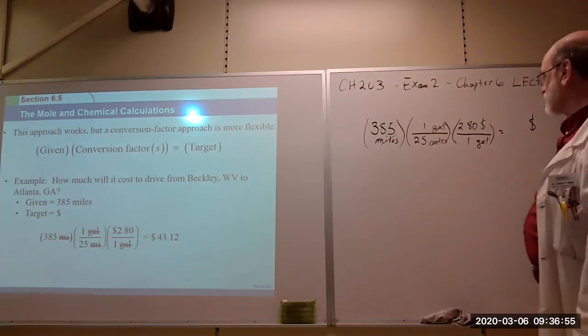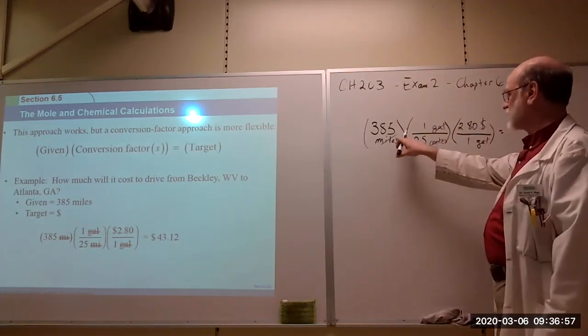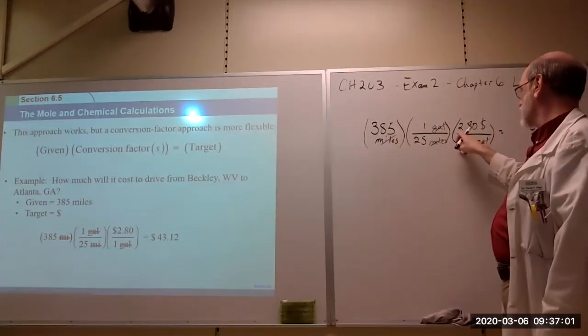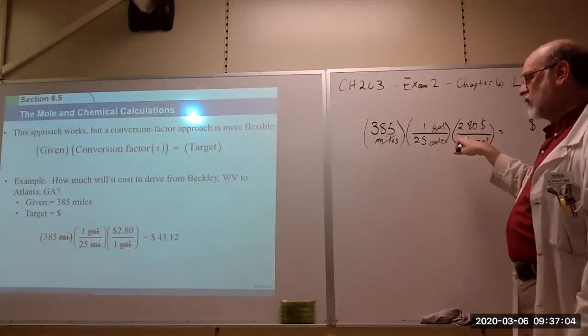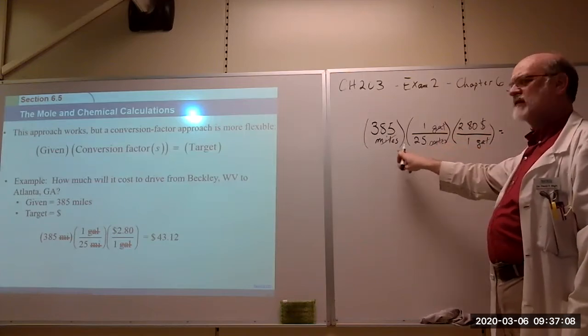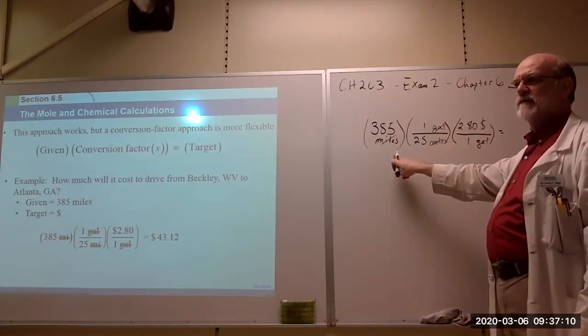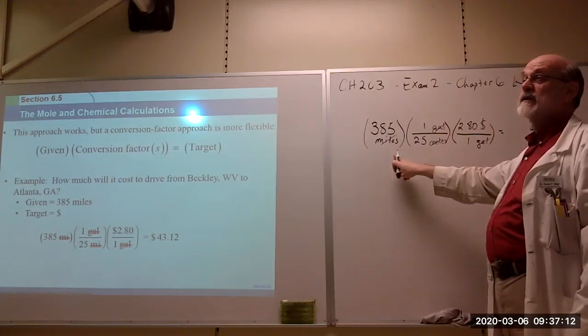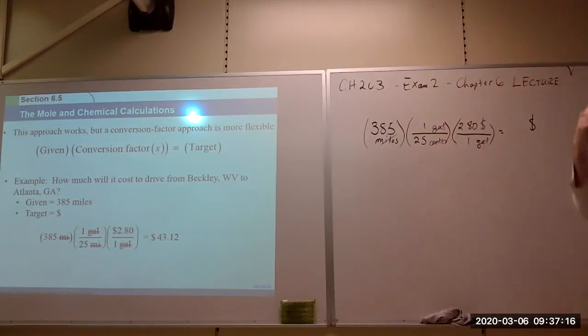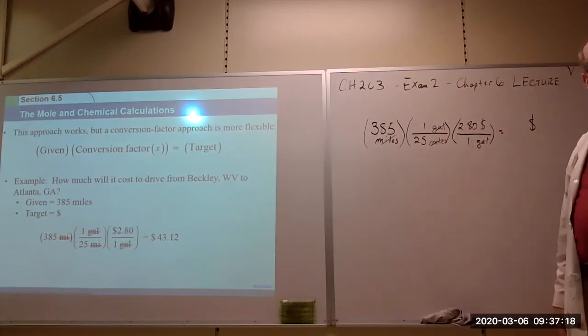Yeah, probably. 25 into 400 would be 8, and then 8 times 3 would be 24. That doesn't look right. 25 into 400. Oh, it's 16. Okay, so that doubles it. So you do sort of an estimate to see if the answer is reasonable.